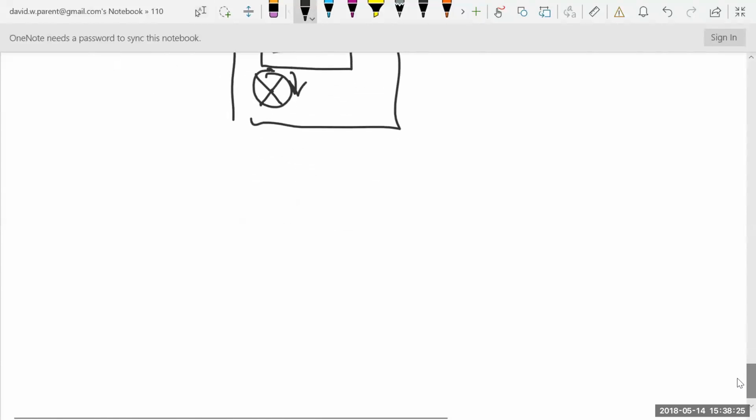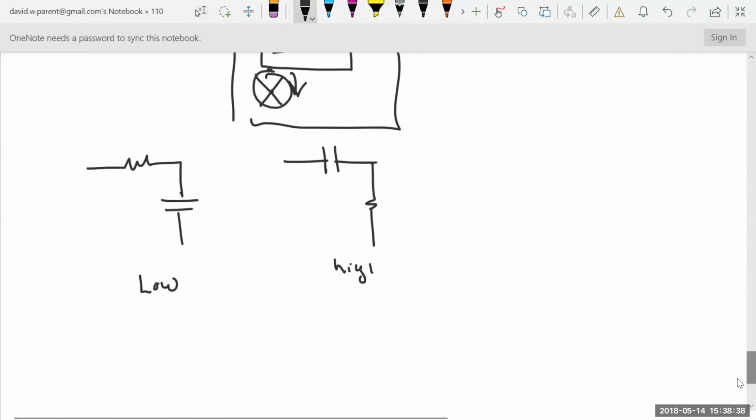Now the thing is, we spent a lot of time just with these two things, right? We had low, we had high, right? And, right, we have 1 minus e to the minus t.